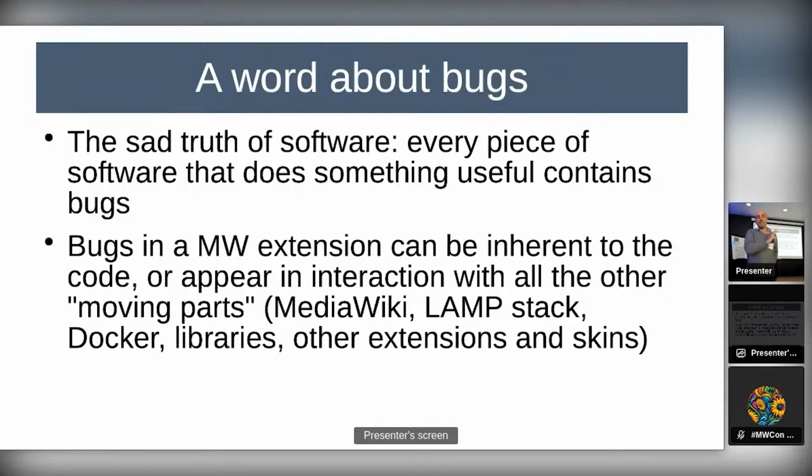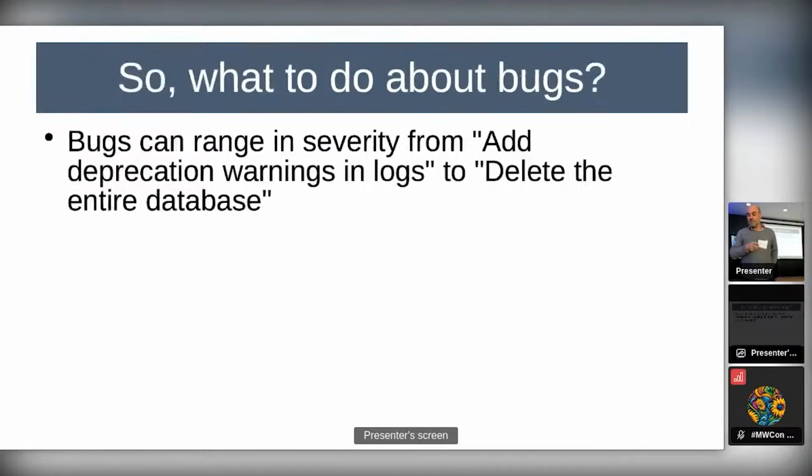They can appear when it's interacting with MediaWiki, or the so-called LAMP stack, Linux and the rest, with Docker in the case of Canasta, with the libraries that it includes, and with other extensions and skins. So it can be perfectly written and still not work. Well, it wouldn't really be perfectly written in that case.